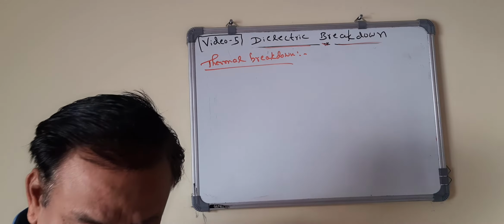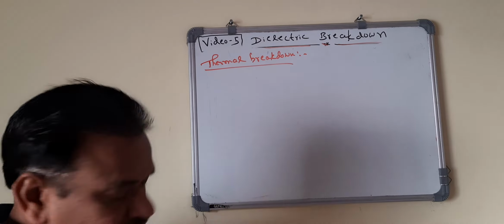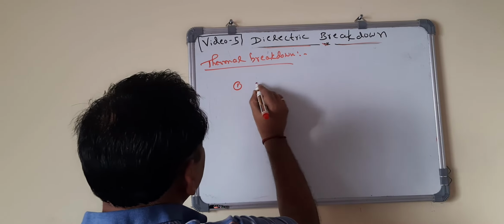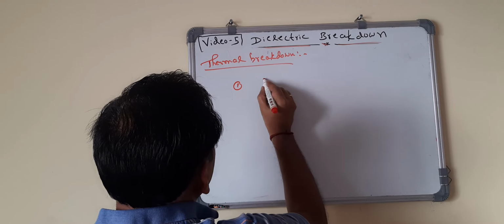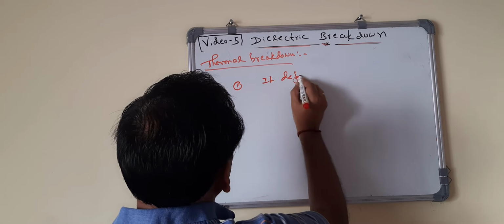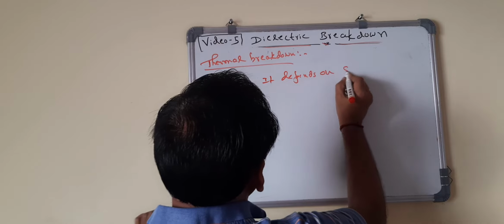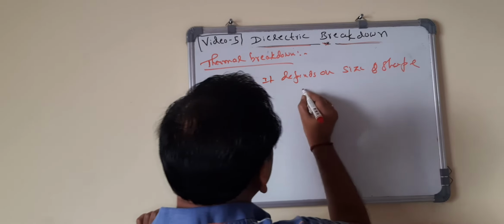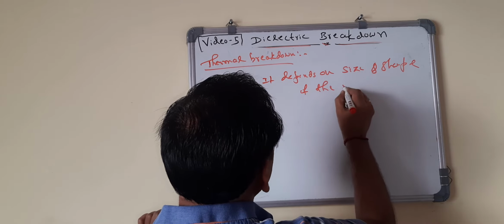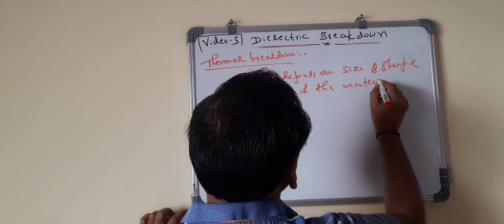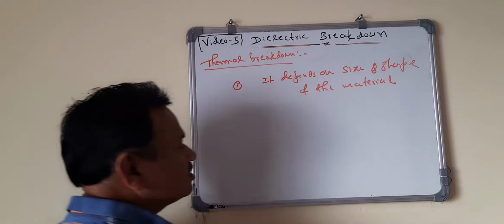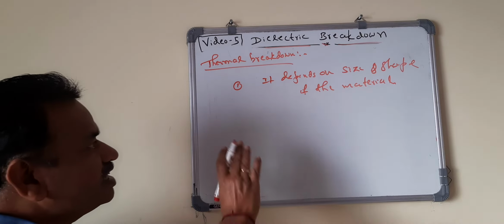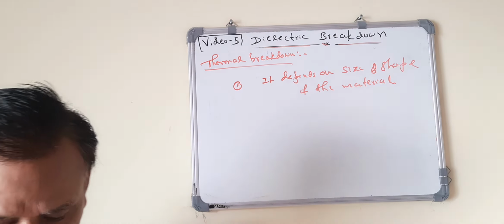Thermal breakdown depends, first, on the size and shape of the material. Recall that in the previous one, it does not depend. But here, it depends upon the size and shape of the material.